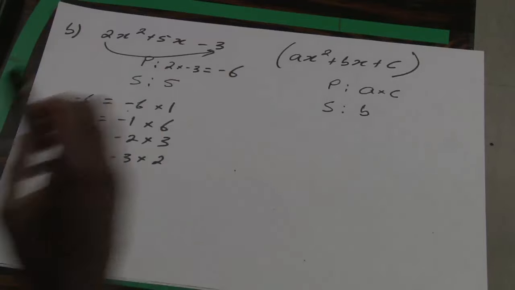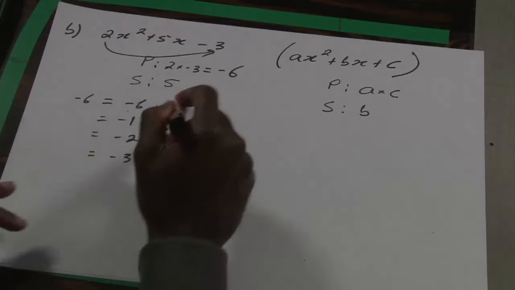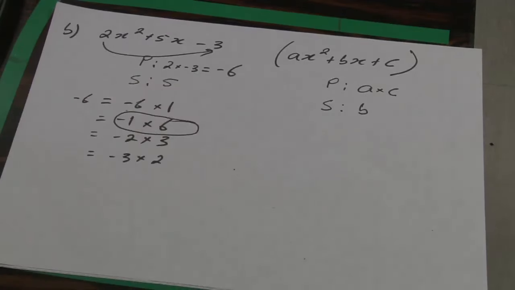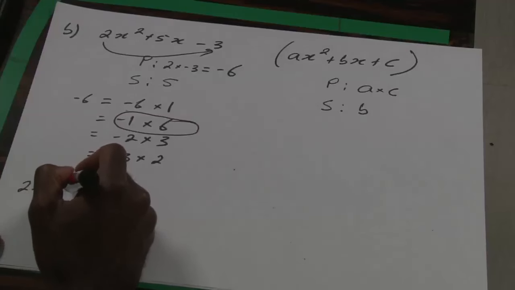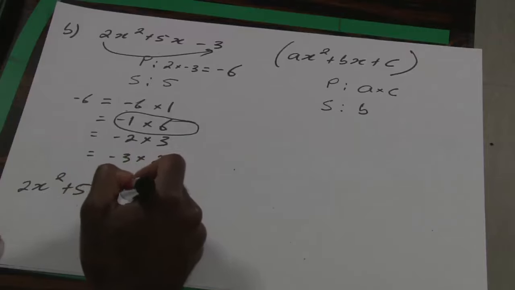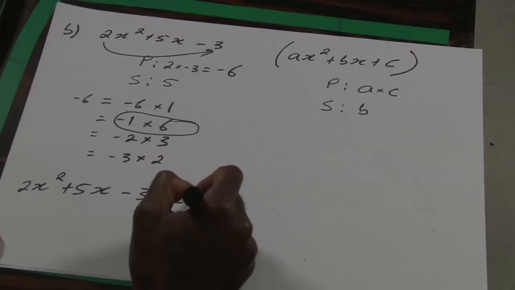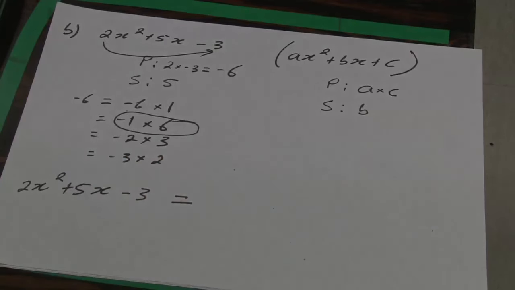Having found our desired combination, we then rewrite our quadratic expression in the following form. So 2x squared plus 5x minus 3 can therefore be written as follows.